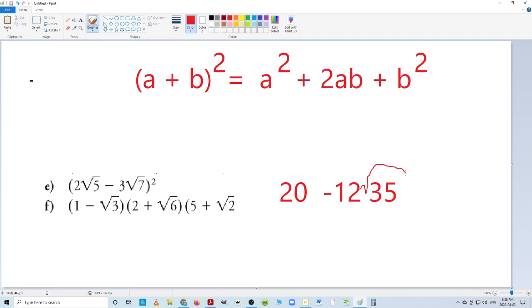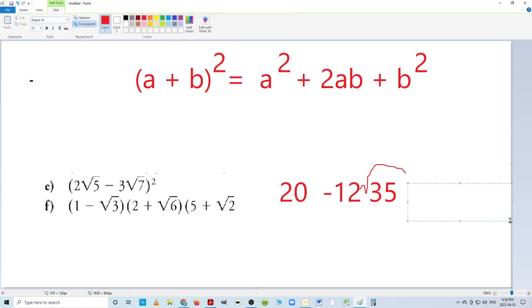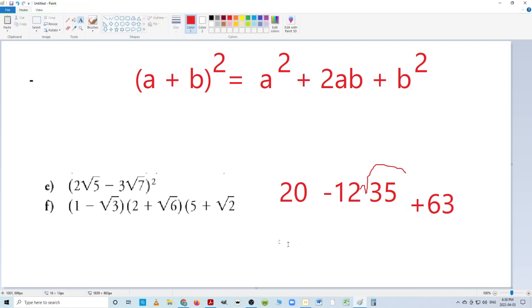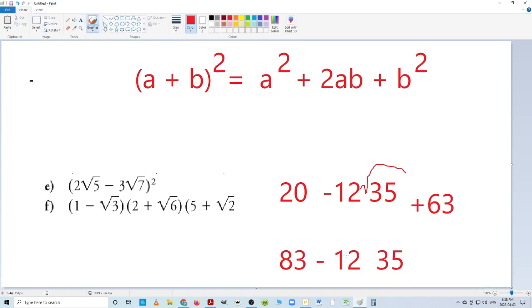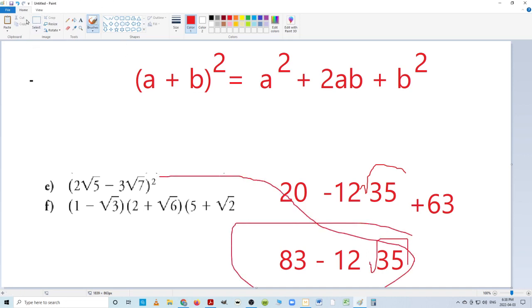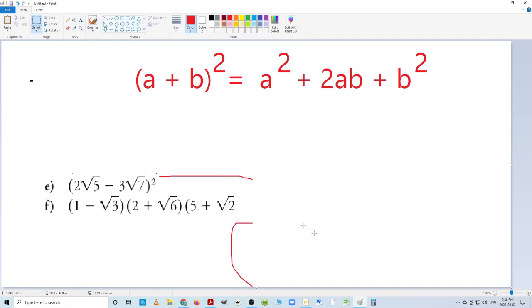And then the last term is minus 3 squared, which is plus 9 times 7, which is 63. And then 20 plus 63 becomes 83 minus 12 times the square root of 35. And that's the simplified answer of that. And I used binomial expansion to do it.